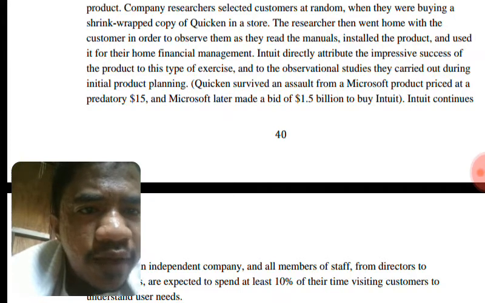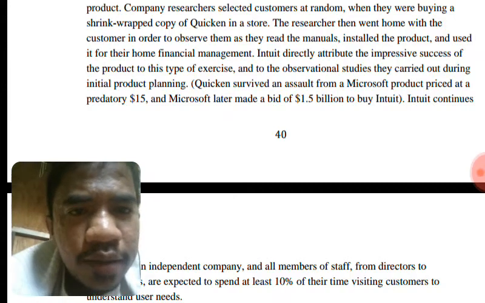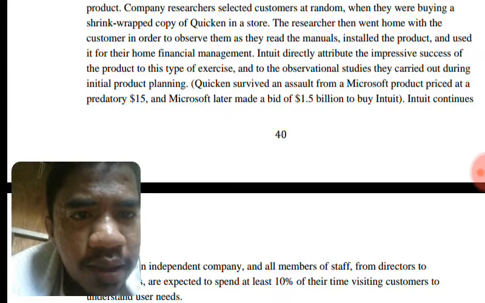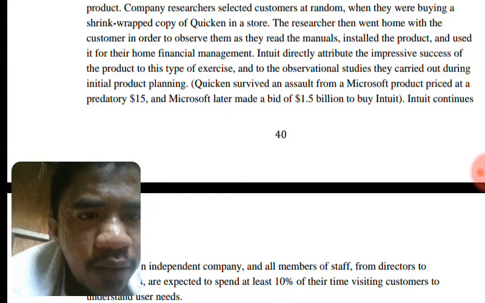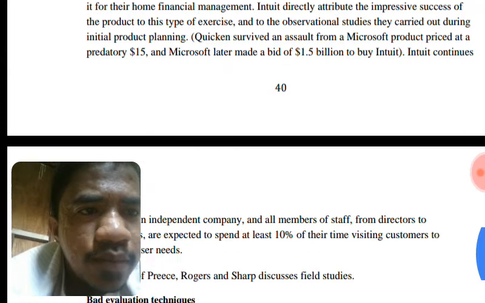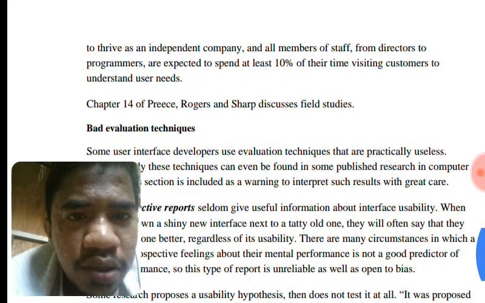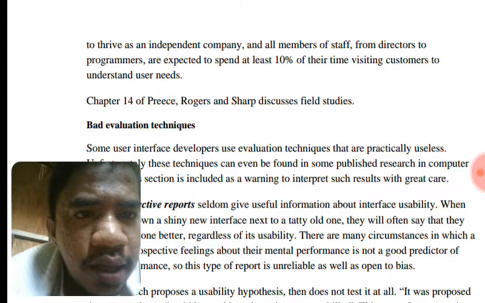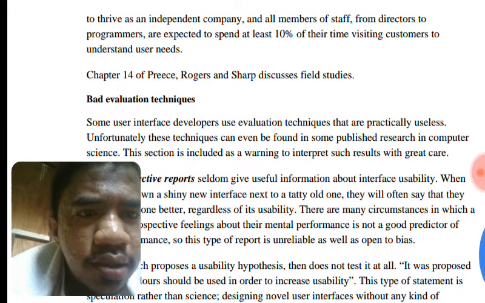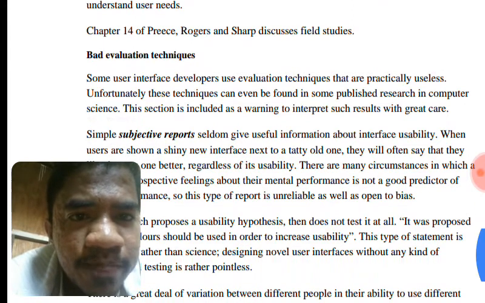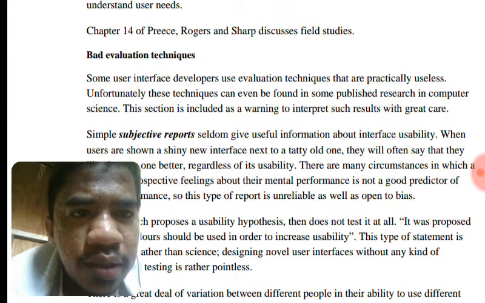Quicken survived the assault from the Microsoft product priced at a predatory $15, and Microsoft later made a bid of $1.5 billion to buy Intuit. Intuit continues to thrive as an independent company, and all members of staff, from director to programmer, are expected to spend at least 10% of their time visiting customers to understand user needs. Chapter 14 of Preece, Rogers and Sharp discusses field studies.